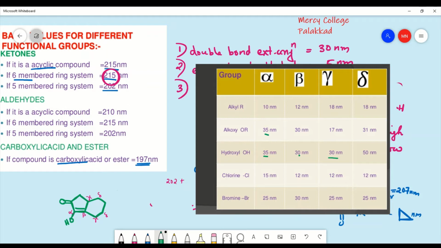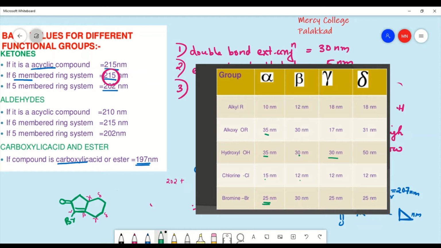Then so on. Now, if you have a halogen, that is a chlorine substituent at the alpha position, then you have to add 15 nanometer. If chlorine is at the beta position, then 12. At gamma position, 12, and so on. Now, instead of chlorine, if you have a bromine substituent at the alpha position, you have to add 25 nanometer.